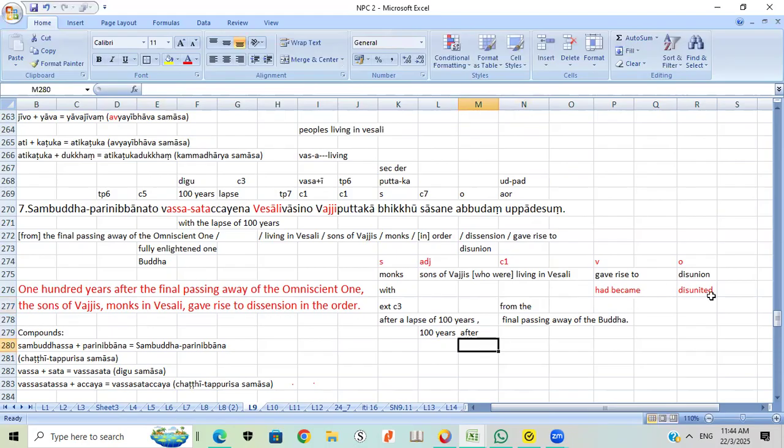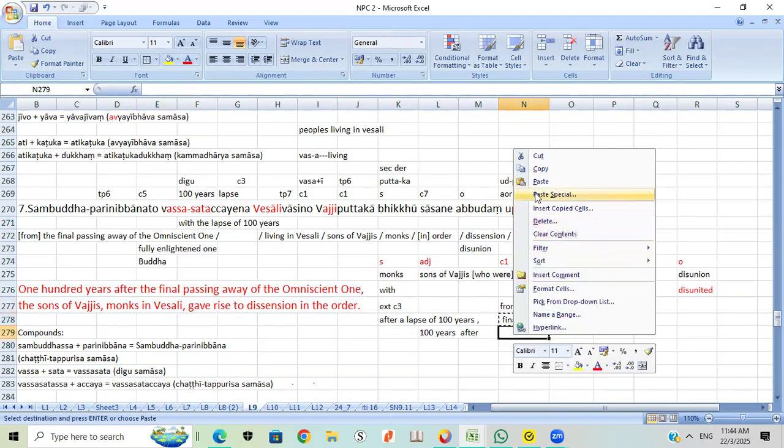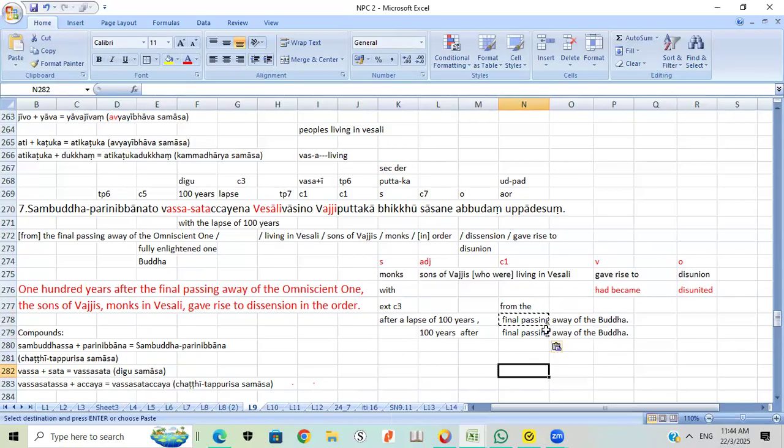Had become disunited 100 years after the final passing away of the Buddha. This is how I sorted it out. I put it like that. So this part is 100 years after the final passing away of the Buddha. You get what I mean?